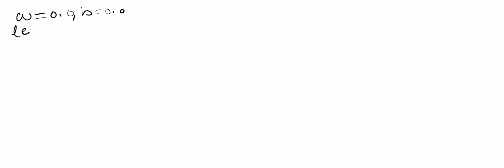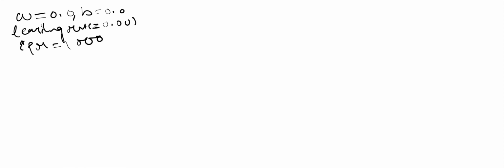For the most part, we defined the learning rate. We always take it a small value. Then iterations depends. 1,000 is the most common one.